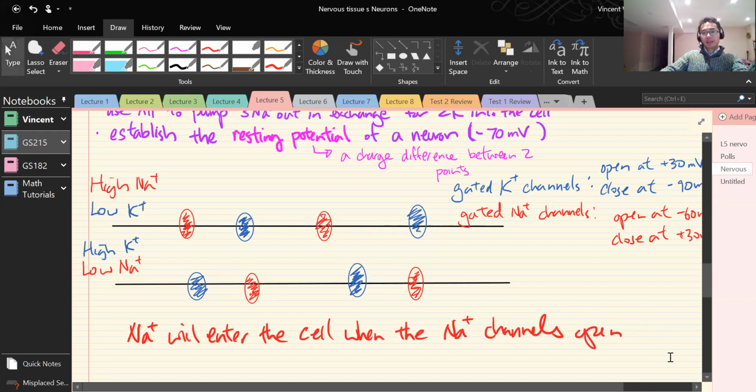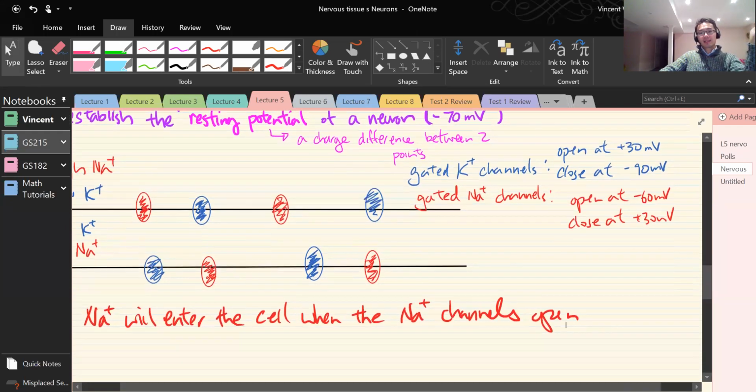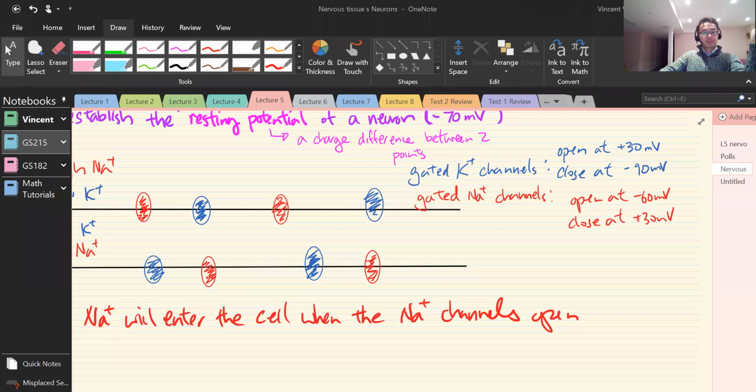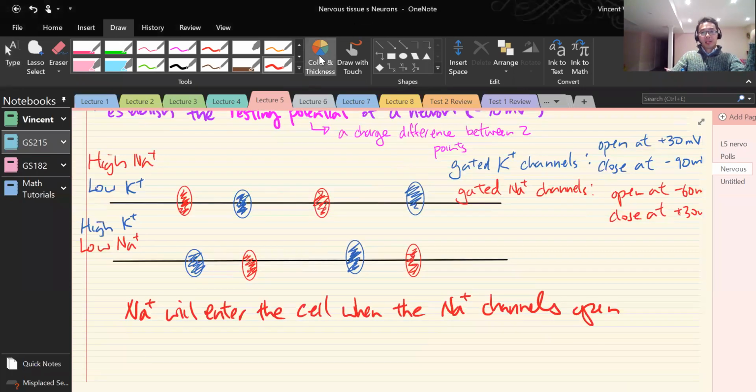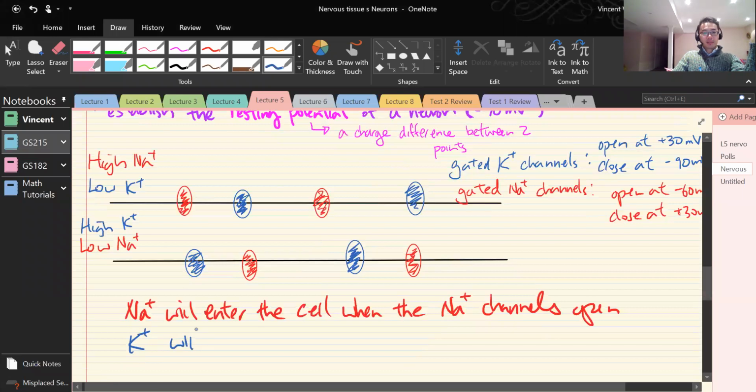Well, they will open at minus 60, right? We're not there yet. We are at minus 70. We are at rest. And then the other one is the potassium. Potassium will leave the cell when the potassium channels open.